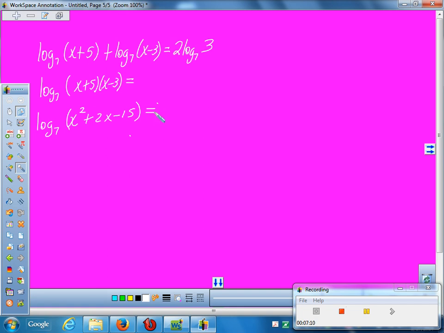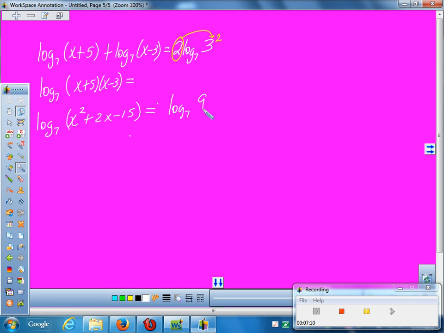So where am I allowed to move the 2 to? Yeah, you are allowed to take the number using the power rule. It's actually becoming 3 squared. It becomes the power on the 3. So it becomes 9. So I have a log base 7 of 9.